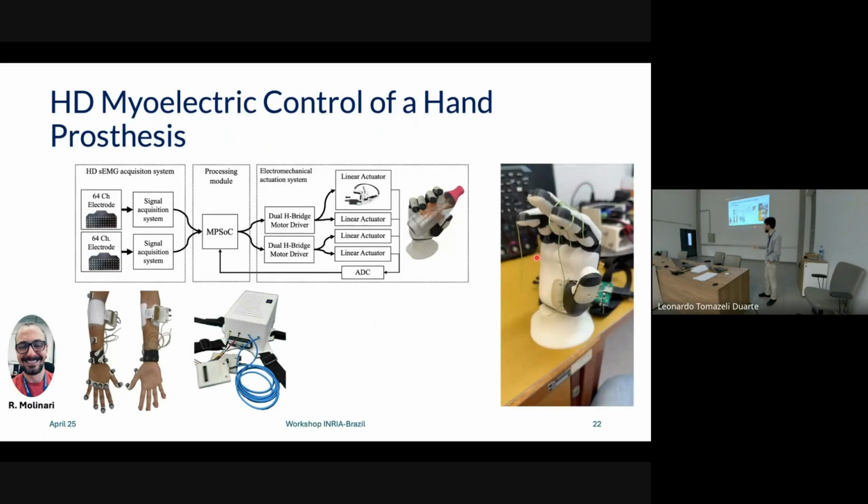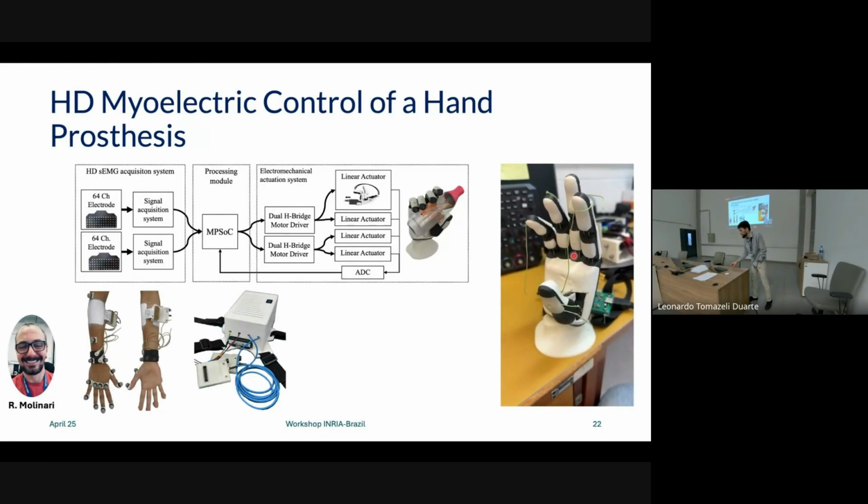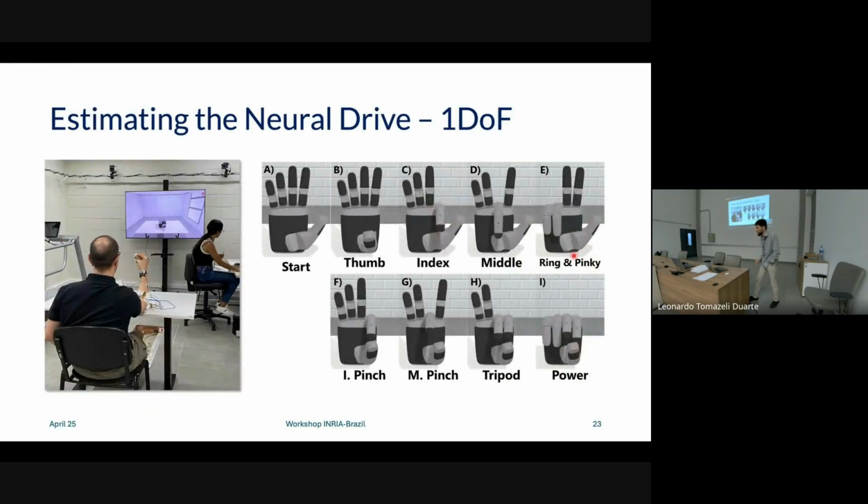And the last example is a technological advancement that we are trying to make in our lab. We are designing a neuroprosthesis for controlling a hand, the fingers of a bionic hand, and this system employs 128 channels, and we try to estimate the neural drive in different motor tasks.